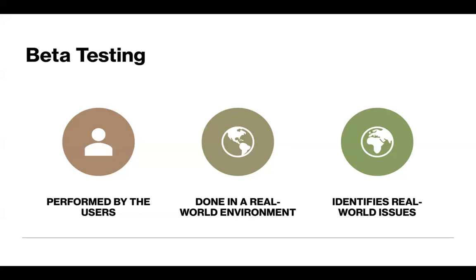Beta testing is important because it's going to identify actual real world issues. So we cannot test everything. As I said before, unfortunately, we cannot test everything that might happen to our system when it goes into the market, goes into the real world. So that's why beta testing is so important, because people are going to help us identify which issues we might have missed, which problems our software might have that we are not aware of.